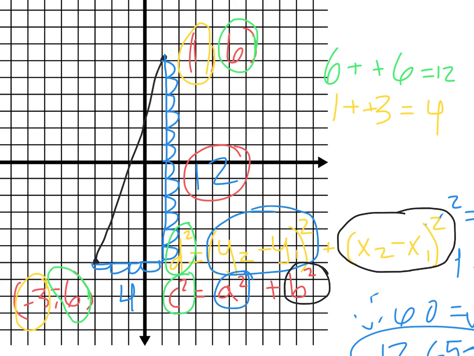Now we could go even one step further. If we were to take the square root of each of these sides, we've now gotten rid of this squared.